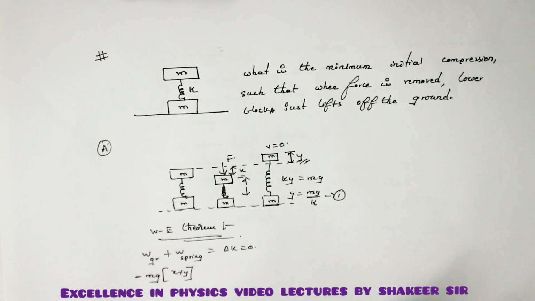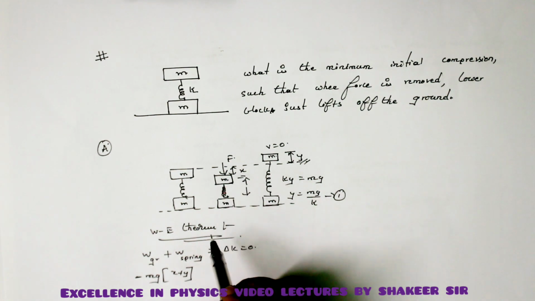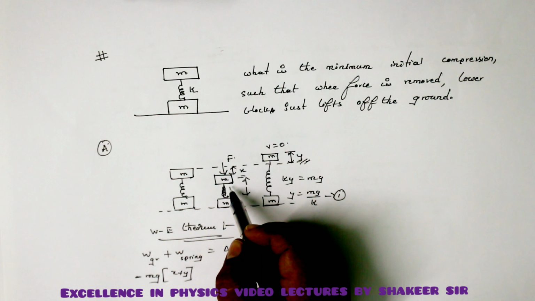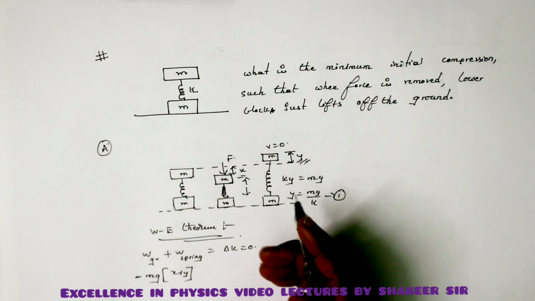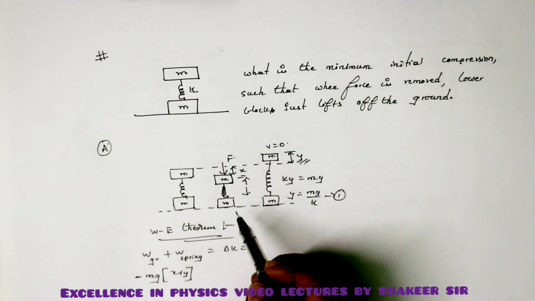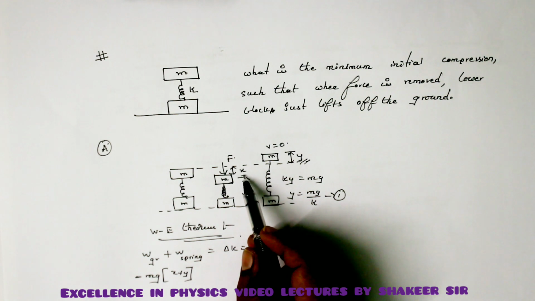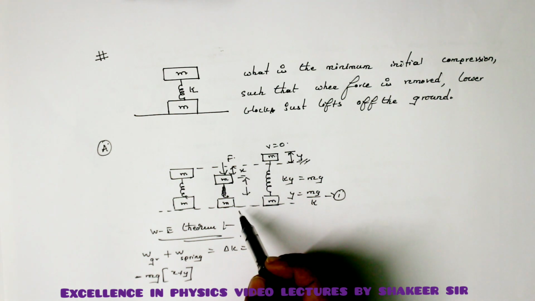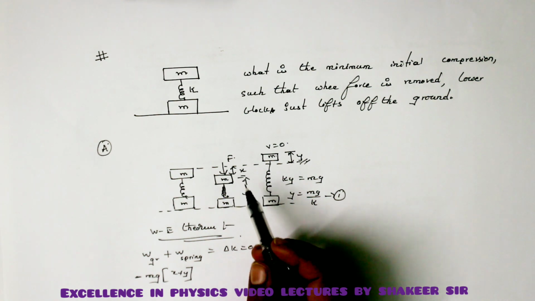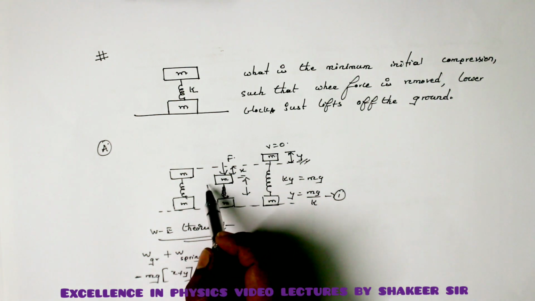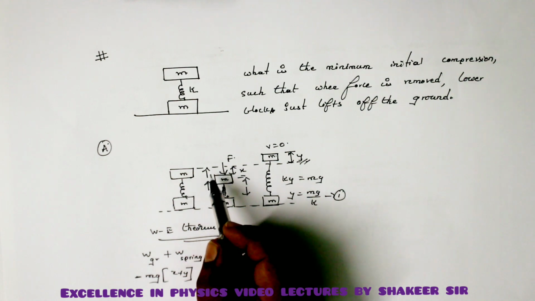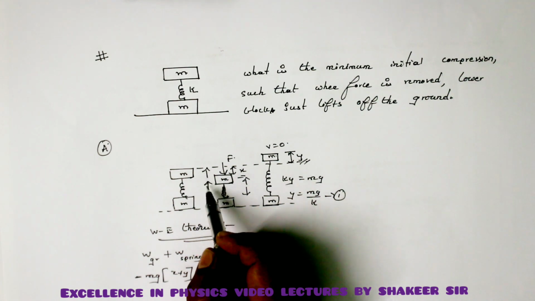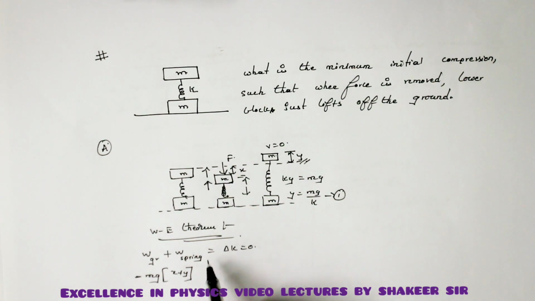And the work done by the spring here. Initially the spring was in a compressed position. So from the compressed position, first there will be a relaxation of x in this condition. Here the spring will do positive work, because the restoring force will be in this direction, and the relaxation is also in the same direction. So it is half k x square.